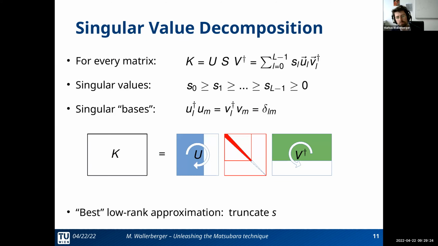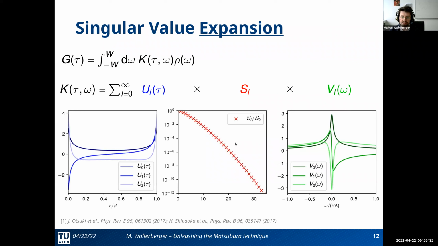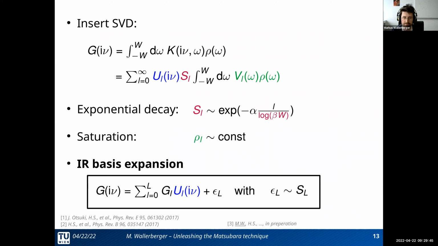And remember that what I didn't tell you is that the error we're making here is proportional to the largest singular value we throw away. So in other words, we can approximate that kernel very well by already taking like the largest 30 singular values. So this is a good approximation to that kernel.